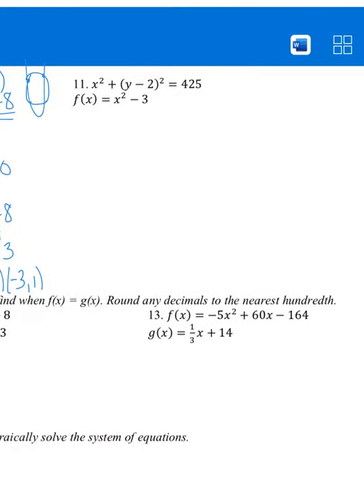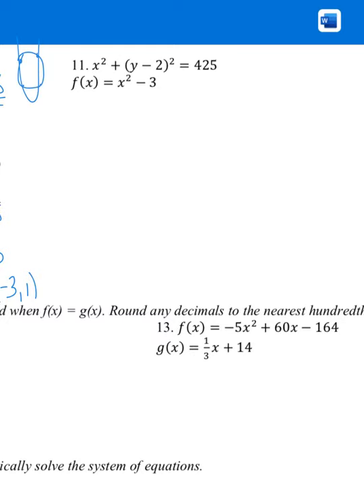Number 11. So number 11, I'll do the way that I was talking about before. This is a little bit more of a difficult way, but you can still do it this way. So y is equal to x squared minus 3. I'm going to take this piece, plug it in for y up here.